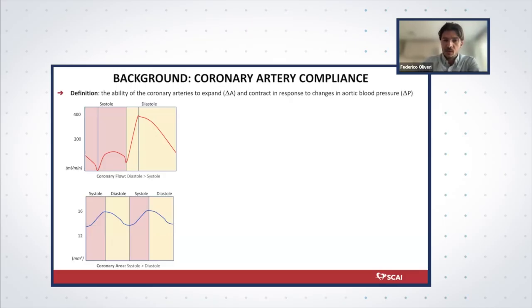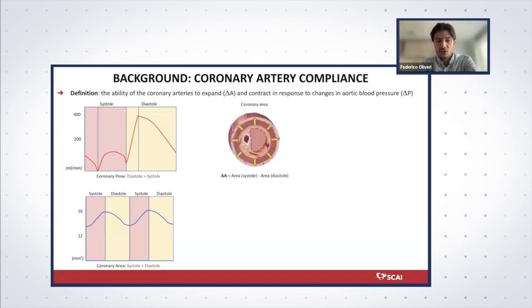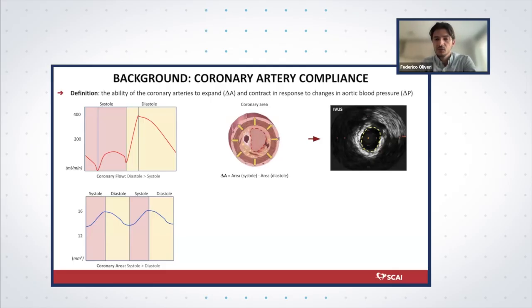But how can we practically and invasively check the variation of cross-sectional area of the coronary artery? Basically, IVUS is a live intravascular tool that allows us to measure area in systole and diastole, something that we cannot do in OCT because it's not live.